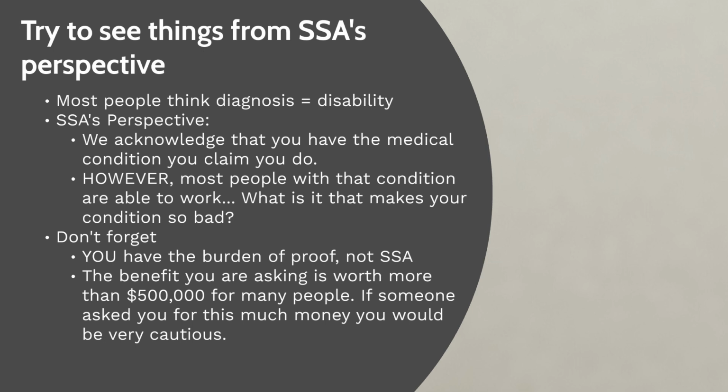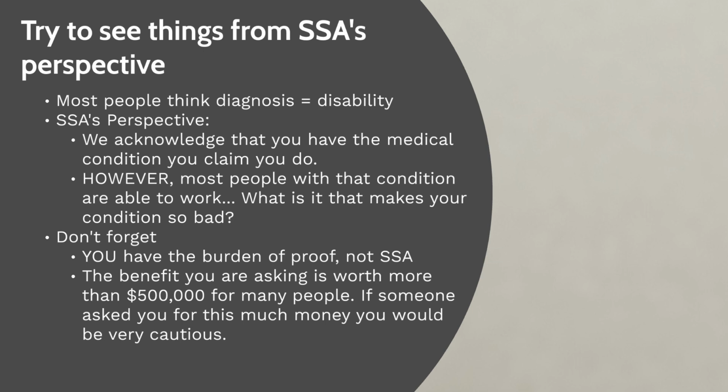And then the second point is, and I've never had a Social Security employee talk about this, but I get a feeling from them that this is in their brain: how much money is at stake on these cases. Let's suppose that you're 45 years old and you're applying for disability. That's an average age for people applying.